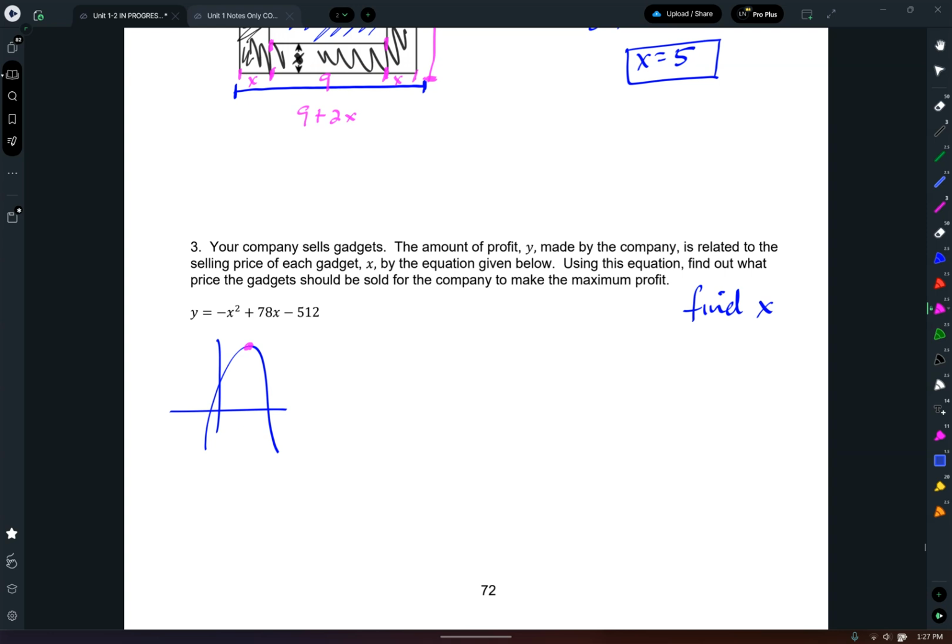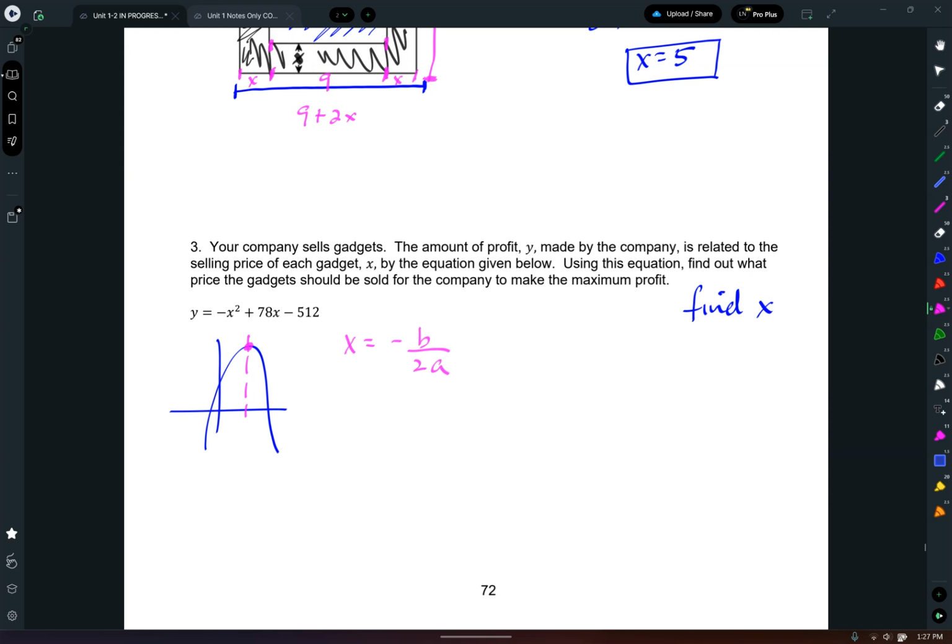Doesn't the parabola have an axis of symmetry at x equals negative b over 2a? And doesn't that axis of symmetry go right through the vertex? So if I can find this x value, then I know where that vertex is.